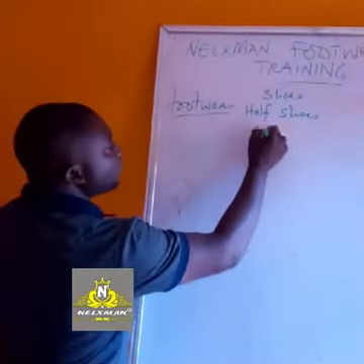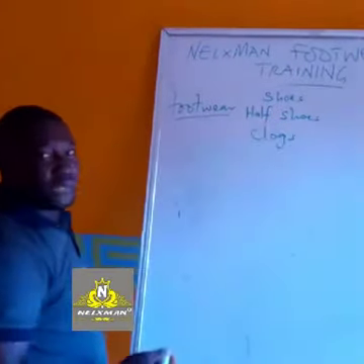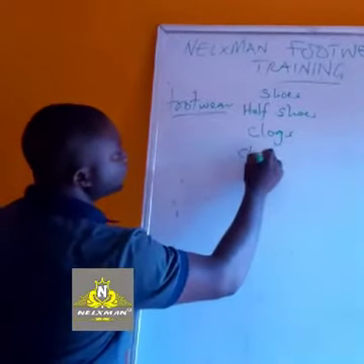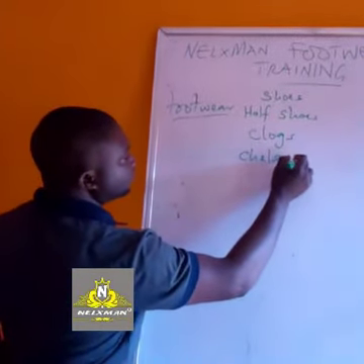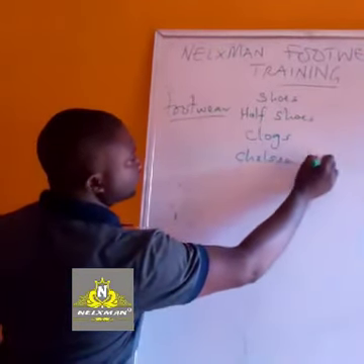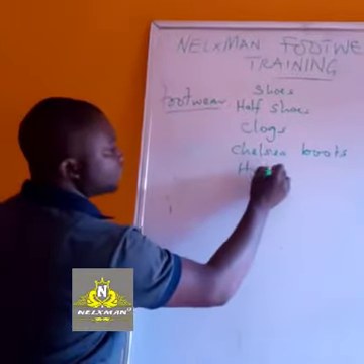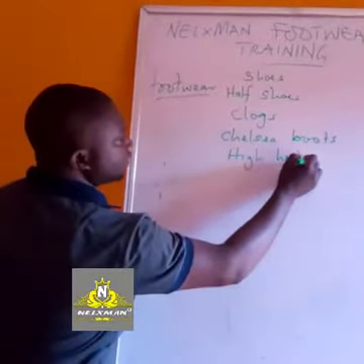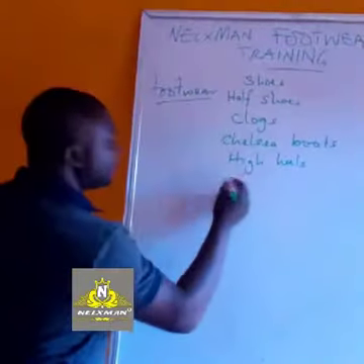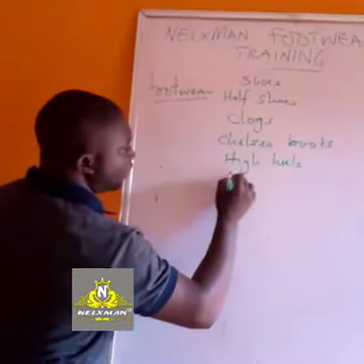So it can also be gloves. Are you getting it? It can also be Chelsea boots. It can be high heels. That is for female. Are you getting it? It can be a flip flop.